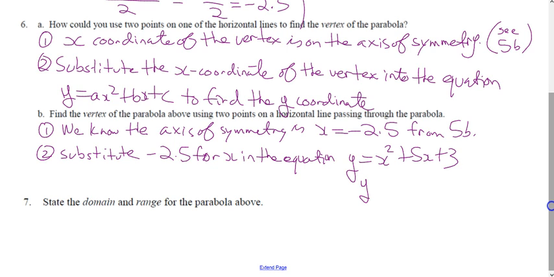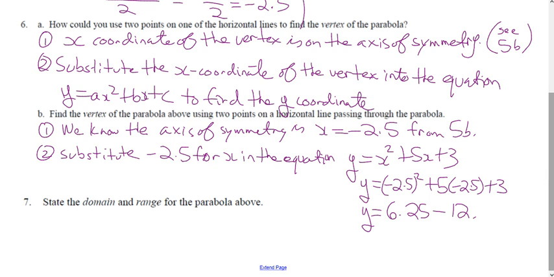Okay, so that's going to be y is equal to negative 2.5 squared plus 5 times negative 2.5 plus 3. Negative 2.5 squared is 6.25. 5 times negative 2.5 is minus 12.5, plus 3.